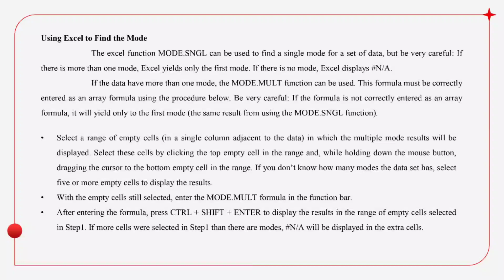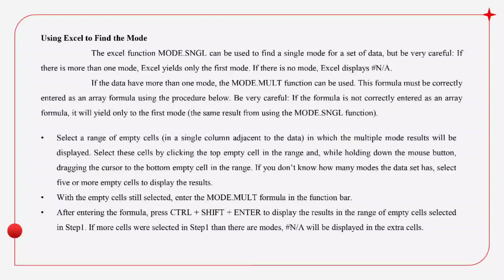This formula must be correctly entered as an array formula using the procedure below. Be careful, if the formula is not correctly entered as an array formula, it will yield only the first mode, which is the same result from using the MODE.SNGL function. Step 1: Select a range of empty cells in a single column adjacent to the data, in which the multiple mode results will be displayed.